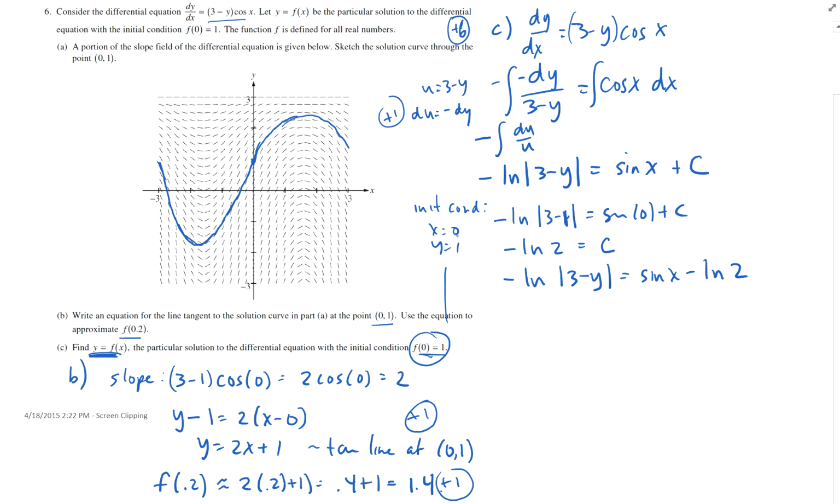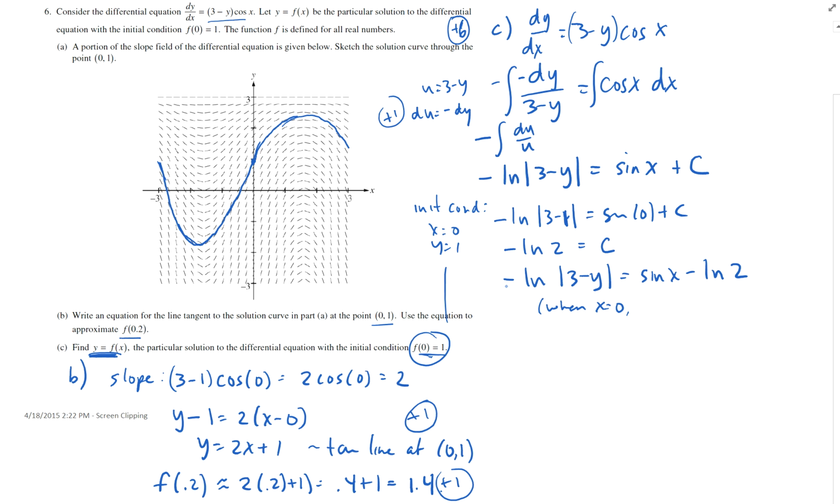Well, if x is 0, when you plug x equals 0 into here, and I'll write this out, when x equals 0, you get the sine of 0, which is 0, so you get negative log of 2. This is a negative number over here. Negative log of 2.